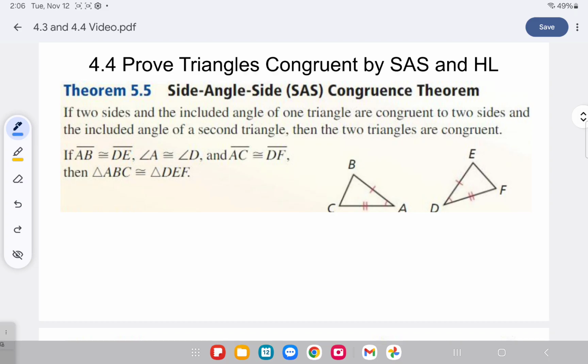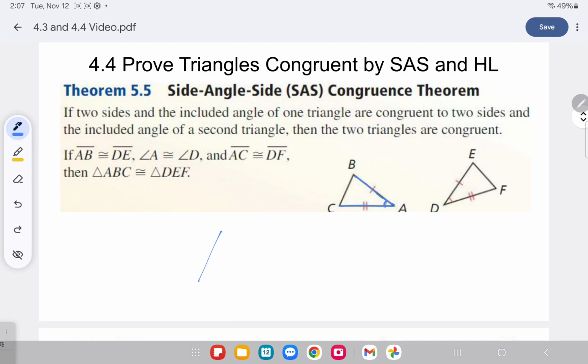When I'm talking about included angles, I'm talking about the angle that is formed by the 2 sides that are congruent. So because AB and AC are 2 of the sides that are used to match up with the other triangle, the included angle would be angle A because it's right where those 2 sides meet.